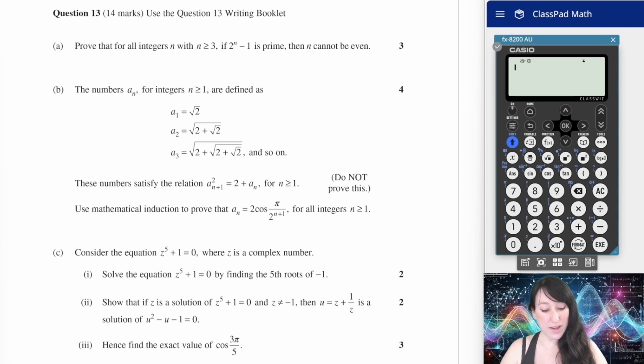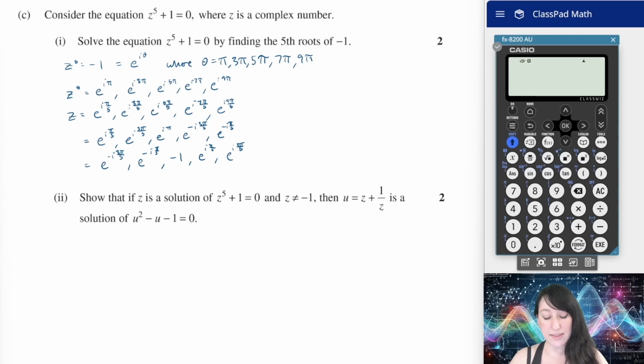Part 2. Show that if z is a solution of z to the 5 plus 1 equals 0, and z is not equal to -1, then u equal to z plus 1 over z is a solution of u squared minus u minus 1 equal to 0. Let's substitute that expression for u in terms of z into that quadratic and see what happens.